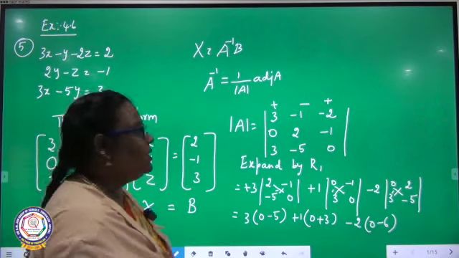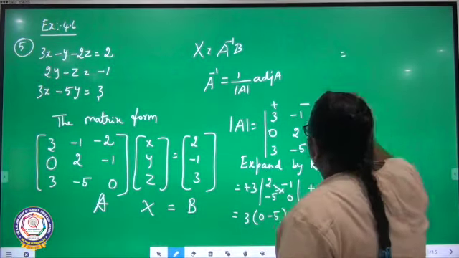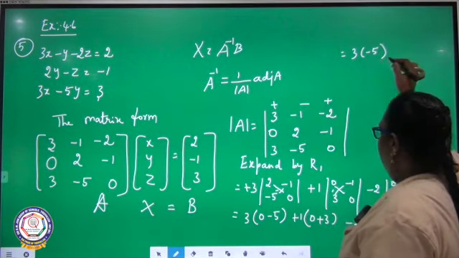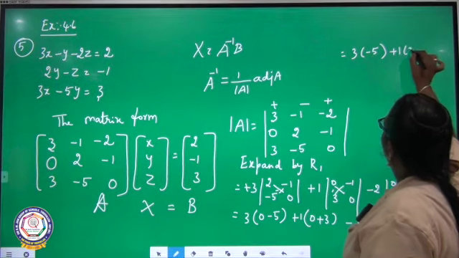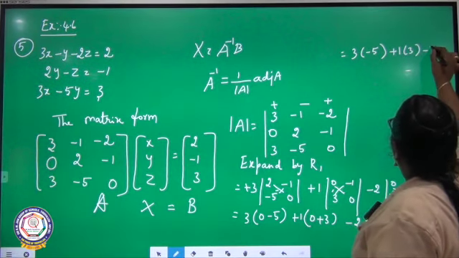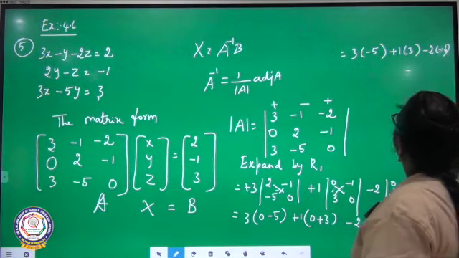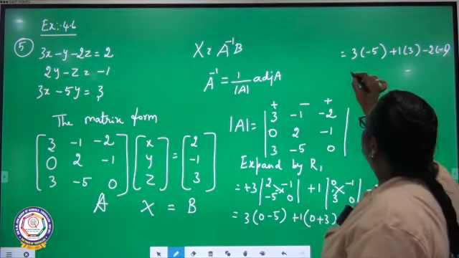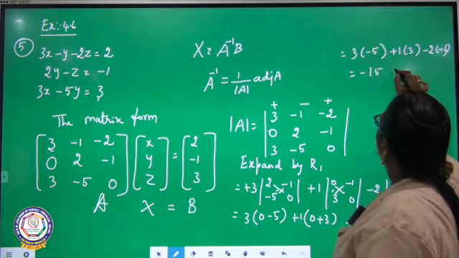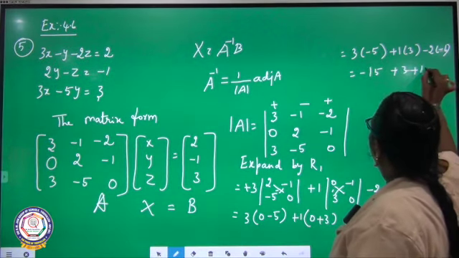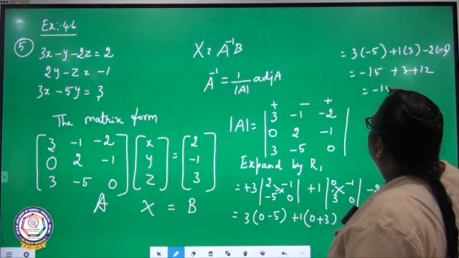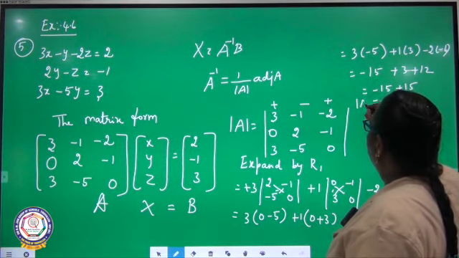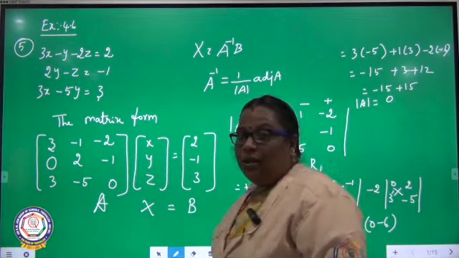So it gives 3 into minus 5, plus 1 into 3, minus 2 into minus 6. So minus 15 plus 3 plus 12, it gives minus 15 plus 15. Determinant of A is equal to 0.